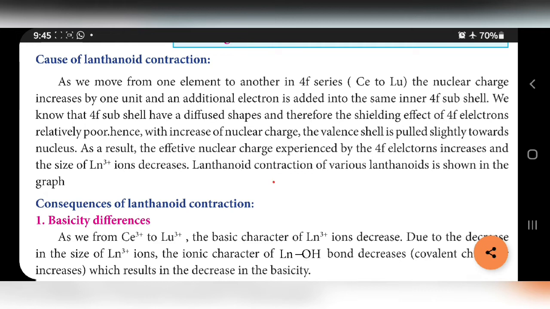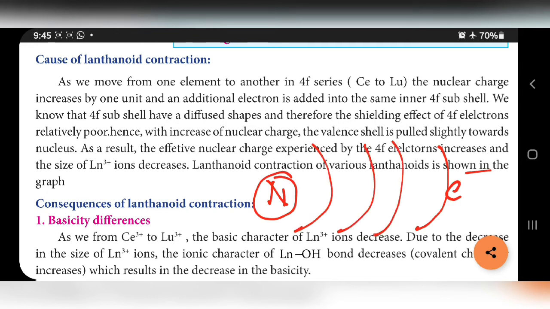We can assume this is the nucleus, this is the outermost electron. Between these, so many orbits are there, and in those orbits so many electrons are also there. Here also the electron revolves around the nucleus, so it acts as a shield.